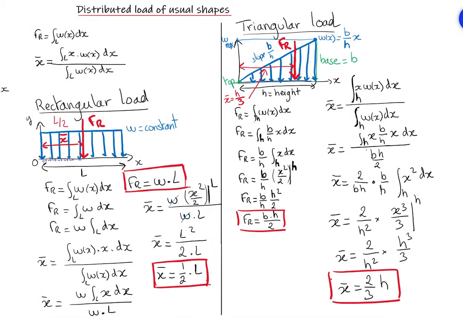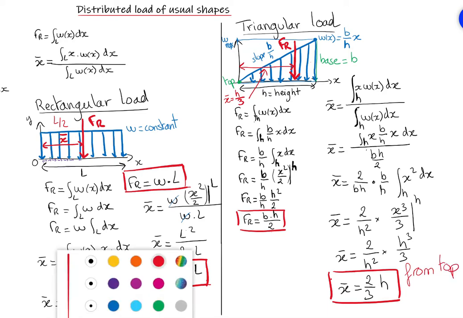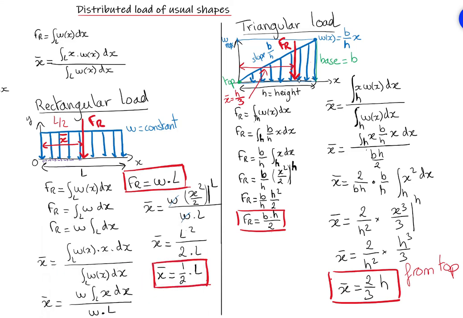So the resultant force of a triangle load first is BH divided by 2, and its location is 2/3 from the top. So that's from the top. If we want to describe it from the base, so this distance there, that will be H minus, oops, I forgot the 2 there, sorry.